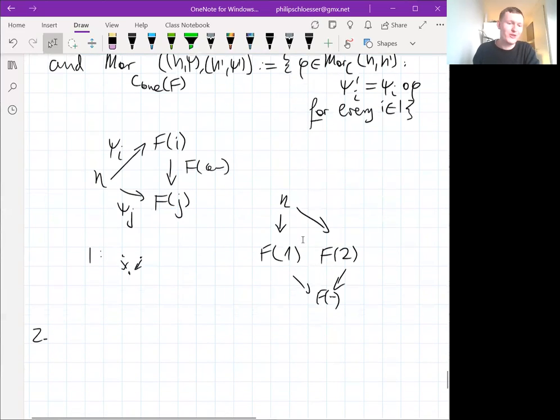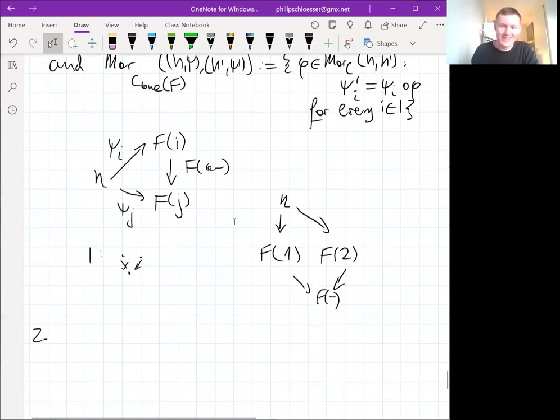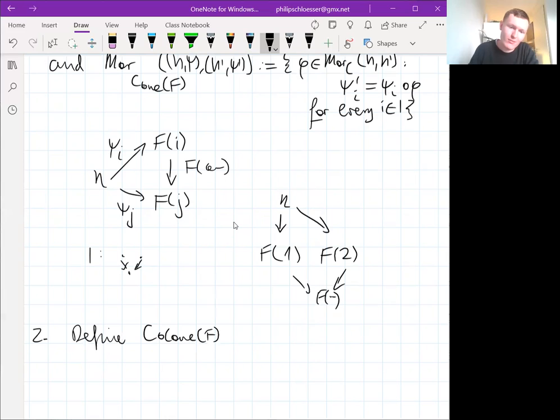Secondly, we can define cocones. And yes, they are called cocones. This is basically just cones in the opposite category.